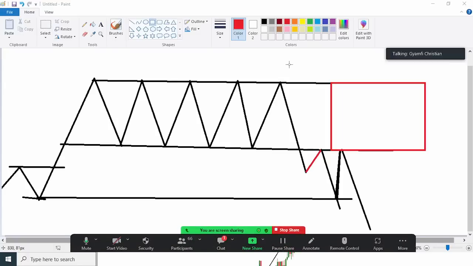Once it closes below, whether it's bigger or smaller, you can still confirm. We say it should be smaller because in most cases it is smaller than the candlestick that breaks through the support or resistance. But once it closes below it, that's the main confirmation.